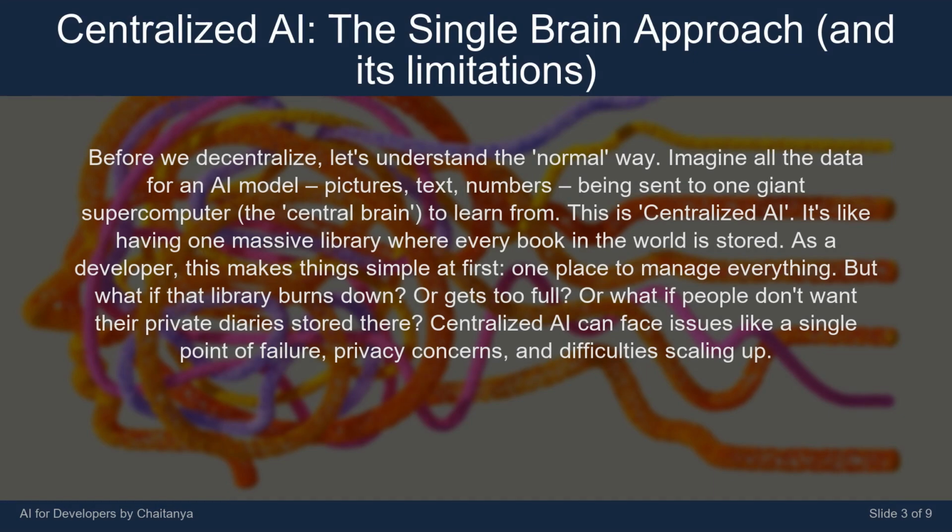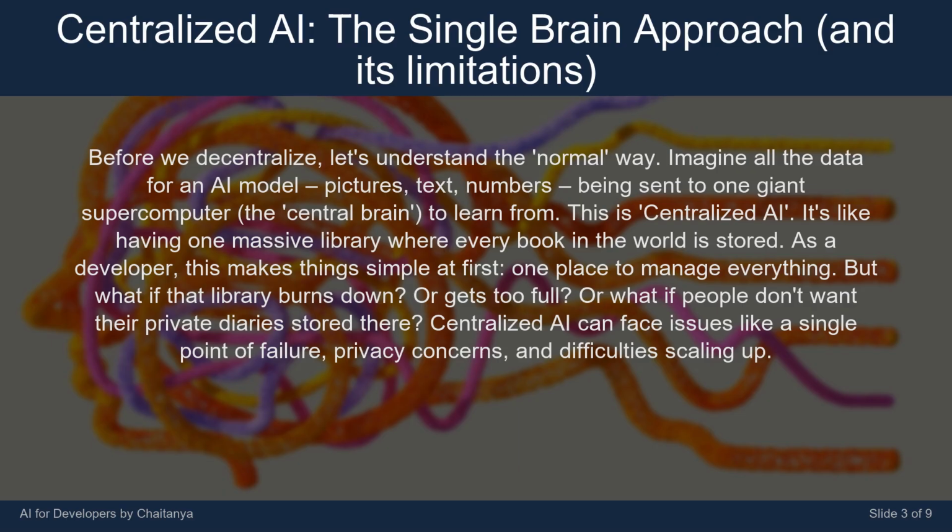Before we decentralize, let's understand the normal way. Imagine all the data for an AI model, pictures, text, numbers, being sent to one giant supercomputer, the central brain, to learn from. This is centralized AI. It's like having one massive library where every book in the world is stored.